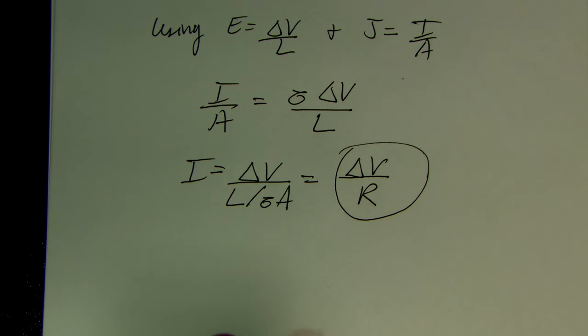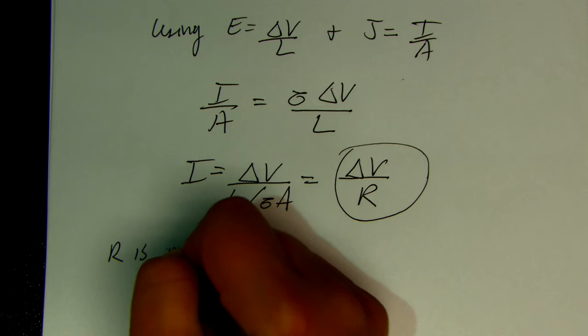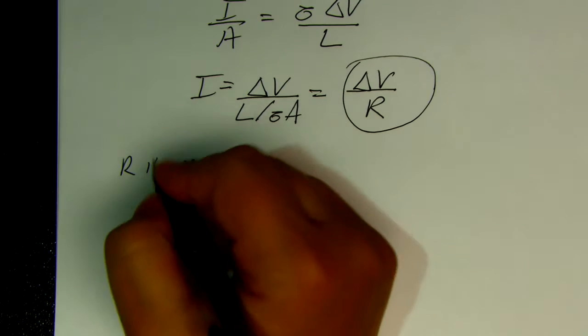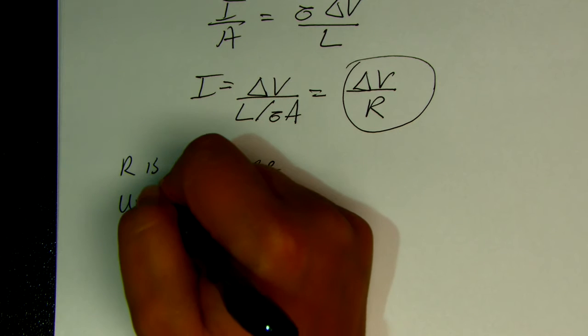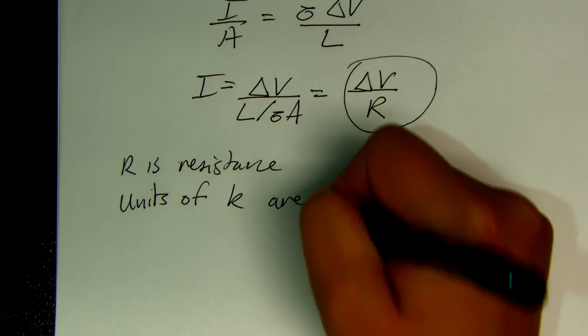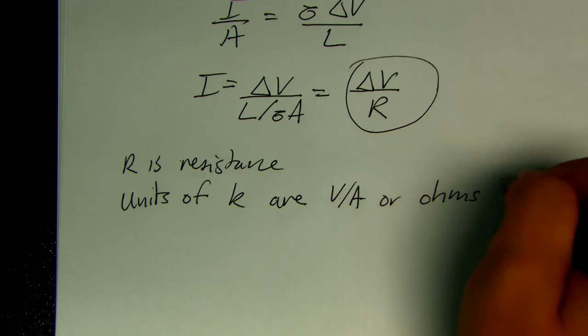But now we see how it all comes together by really understanding the material properties. In this case, R is resistance, and the units of R are volts per amps, or ohms.